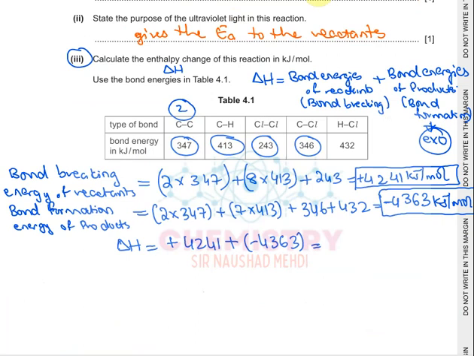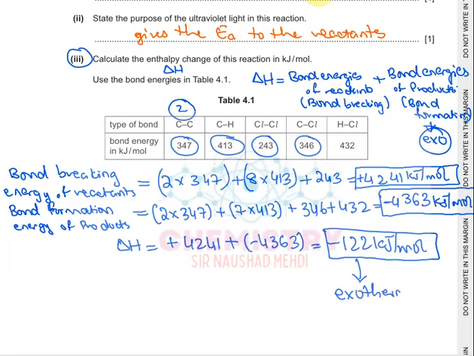By subtracting 4241 minus 4363, we get the answer minus 122 kilojoules per mole. This is the final answer, and since this answer has a negative sign, this means that the reaction is overall an exothermic reaction.